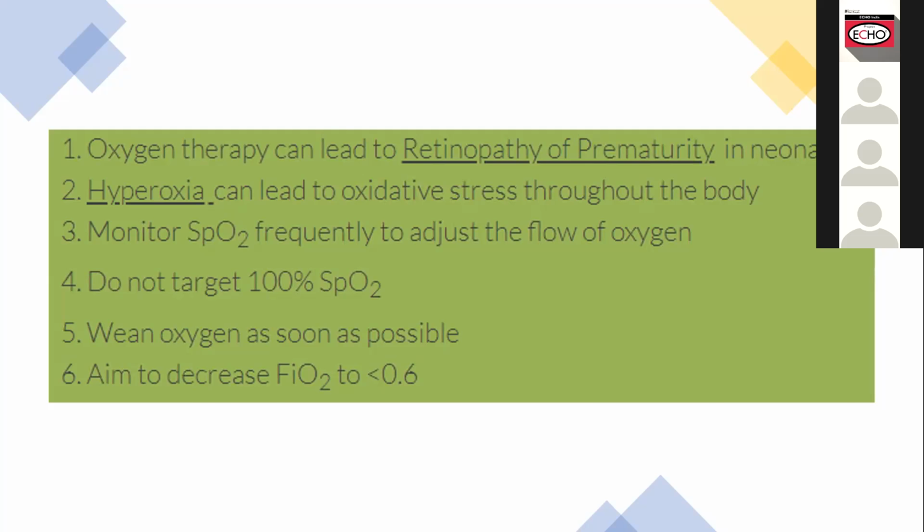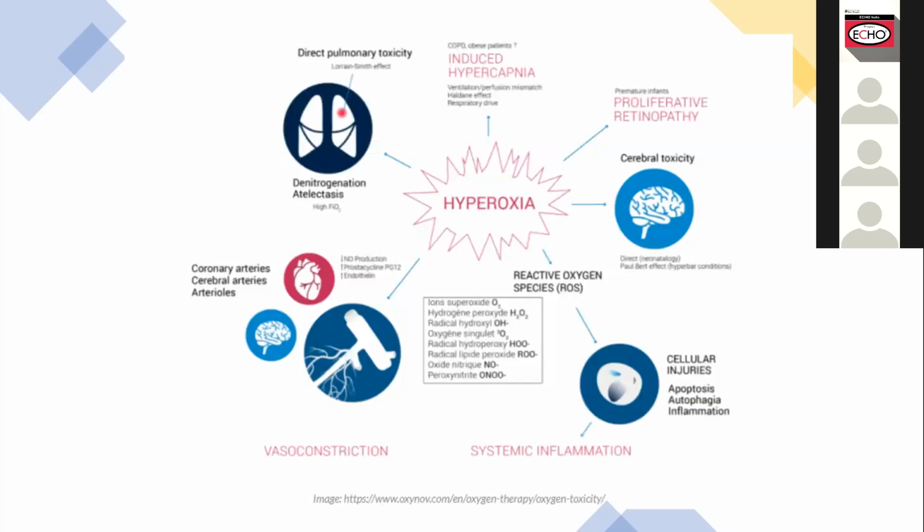Let's see on the next slide what dangers you can get from hyperoxia. It can produce iron, superoxide, and hydrogen peroxide. All of those give reactive oxygen species, which are dangerous and can lead to cellular injuries. When your cells are injured, it will produce a systemic inflammatory process.